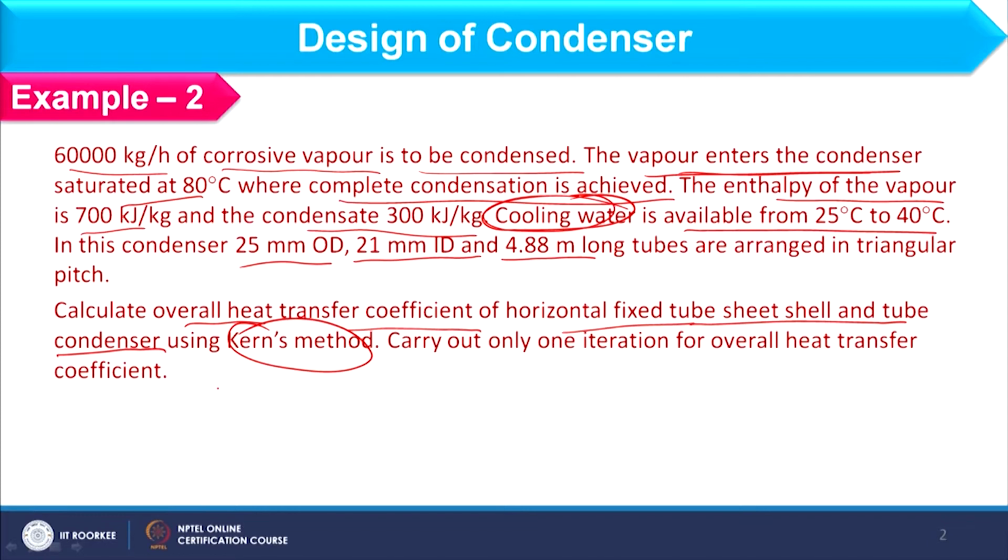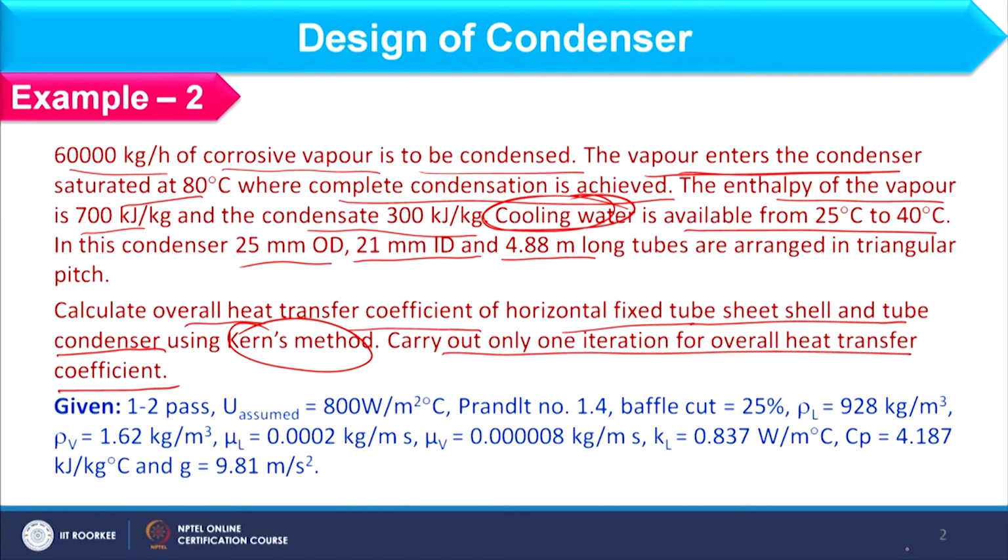For the shell side calculation we will apply Kern's method, where normal operation is carried out with water available, right. Further, it is given that we have to carry out only one iteration for the overall heat transfer coefficient. Some properties are also given.